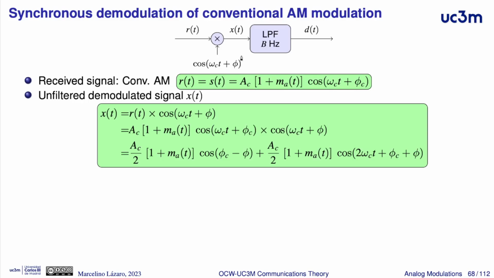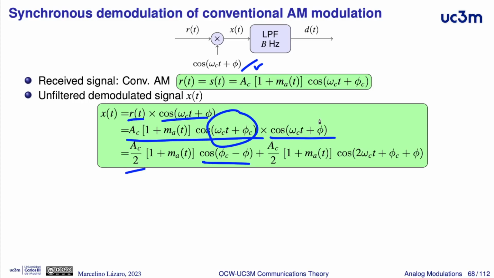In this case, initially this signal is multiplied with a cosine. Here we have the received signal times a cosine, the conventional AM times the cosine, and using the typical identity for the product of two cosines, cosine times cosine is 1/2 cosine of the difference between the arguments.